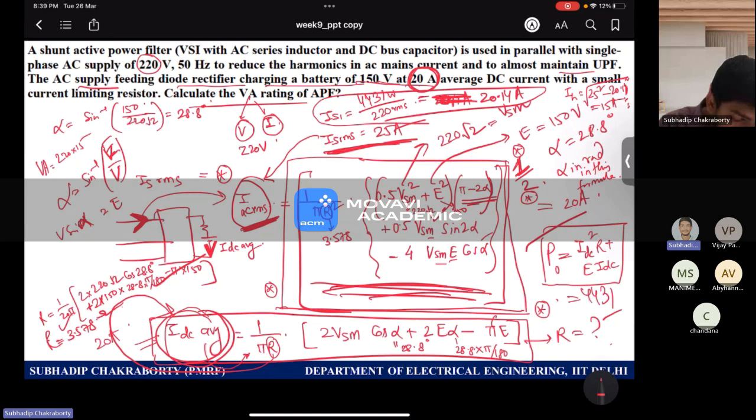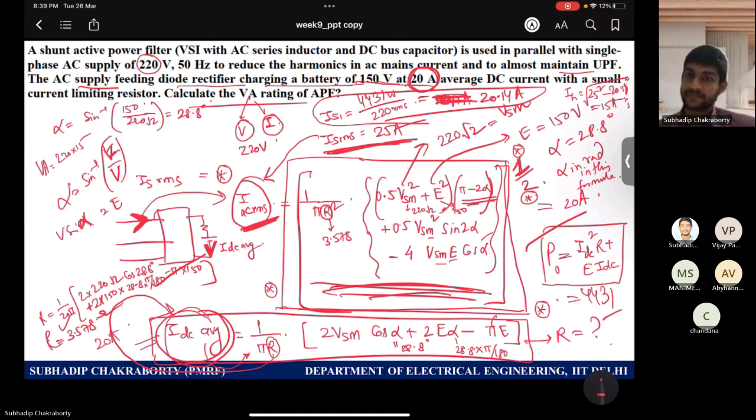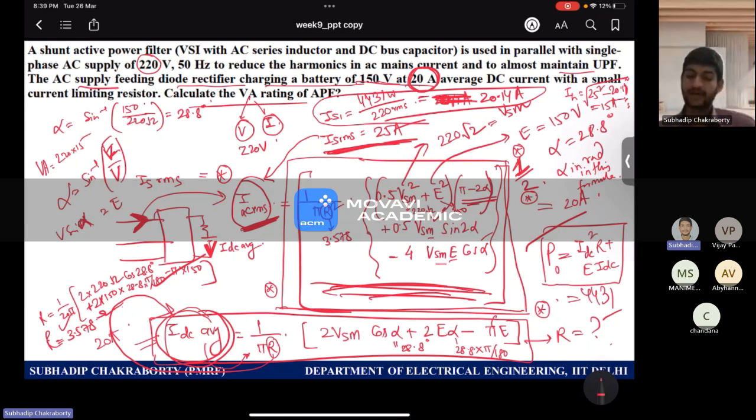You still just find this, what you are getting, you just calculate. Can anyone calculate? Which one, sir? IS RMS? IAC RMS. Just calculate and let me know. This is half, okay? Whole to the power half. Just be cautious. Just calculate, it will be good. Just try one problem. Yes, anyone did?